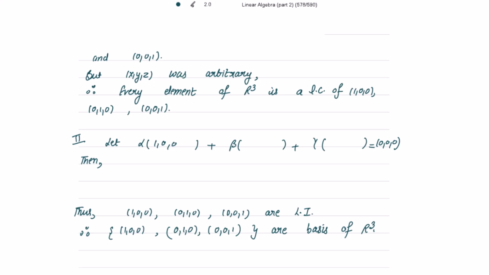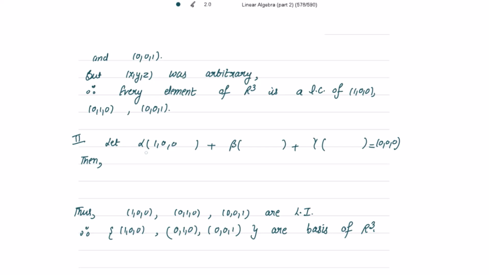How do I know which vectors should be linearly independent? I have to find those vectors first. That is why I have proved the second condition first for the basis. And now I got these three vectors. Now I will prove that these are linearly independent.